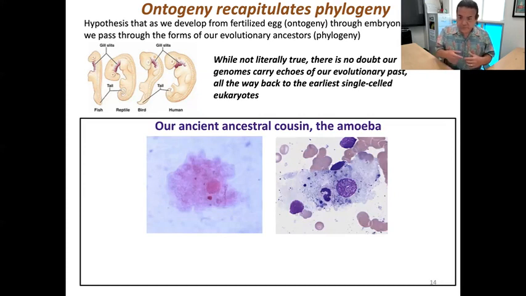For example, let's end this lecture just thinking about, once again, our ancient ancestral cousin, the amoeba. The amoeba represents one of the earliest forms of eukaryotic cellular life on this planet. And so it's very much true that over eons of evolution, that is what eventually gave rise to multicellular organisms, mammals, and eventually us.